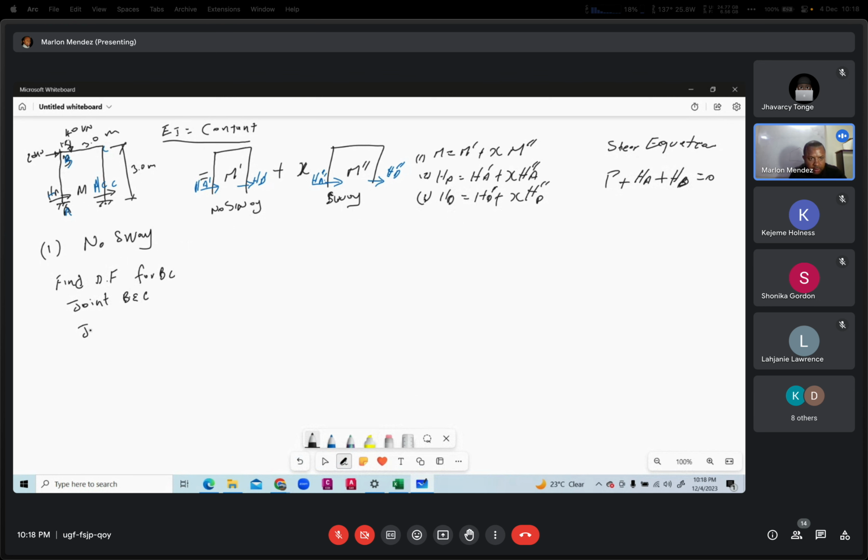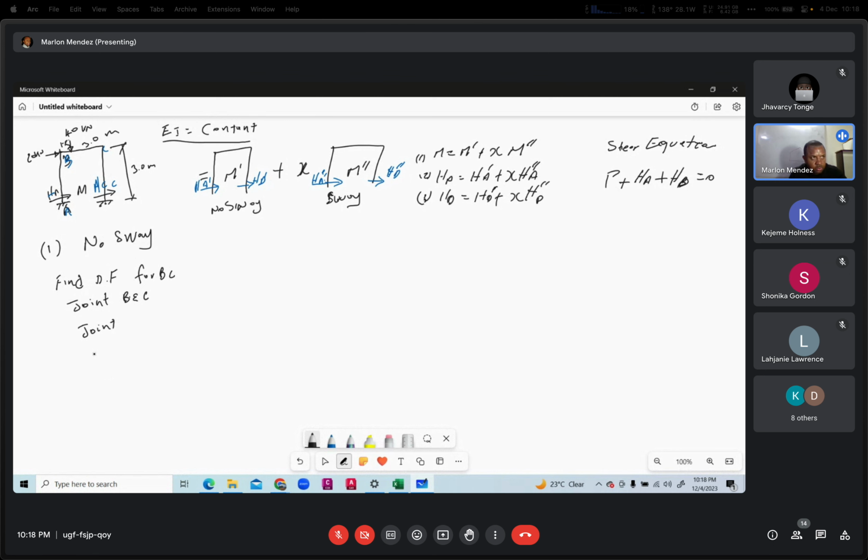All right, so for joint B, we can safely say it is taken here, because what is affecting joint B? What are the members in joint B? So we use this equation.